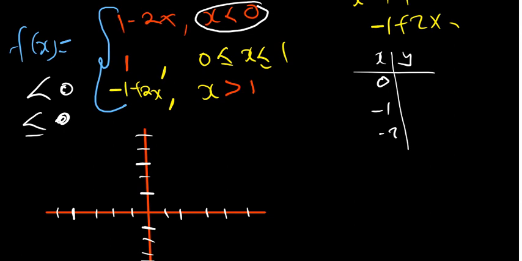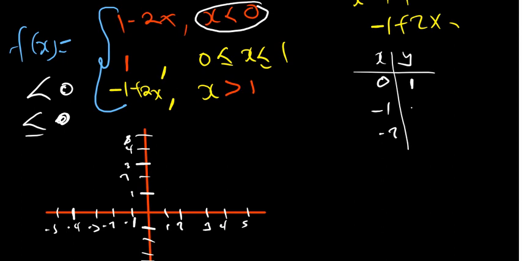Let's do it first. It's going to be 1. If I put negative 1, where there's x in the first equation, it's going to be 3.